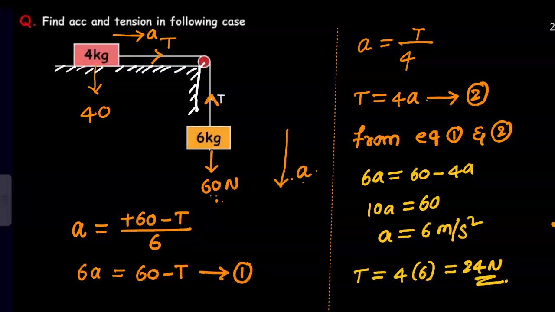Completed this one, the short method. Once you know the acceleration, we can get the tension. Anyone we need to find. So we'll find the acceleration in that case, we'll see. Then you need to understand how this block system is like this.